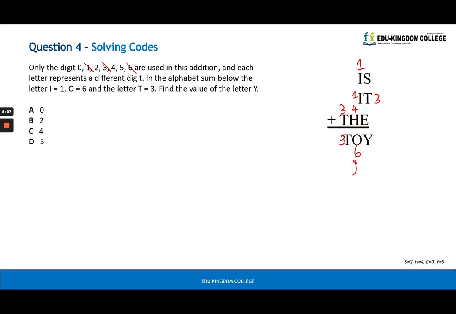Okay, so S, T, and E, if you add it up, it will be less than 9. Okay, so looking at what we have so far, S would be 2 and E would be 0. Add it up, you would get 5. If you were to put it in any other combination, you won't get that addition. Okay, so Y is represented by 5. D.